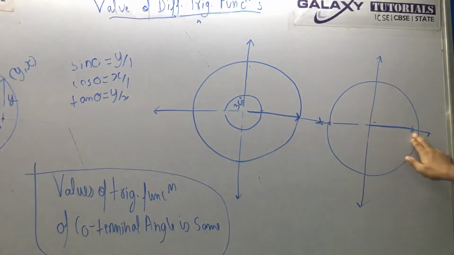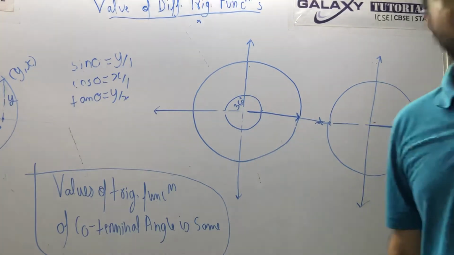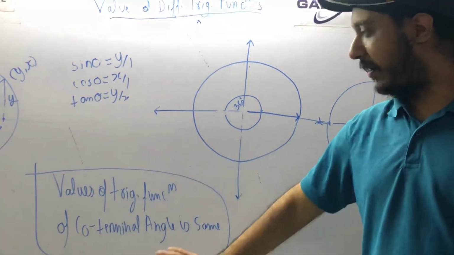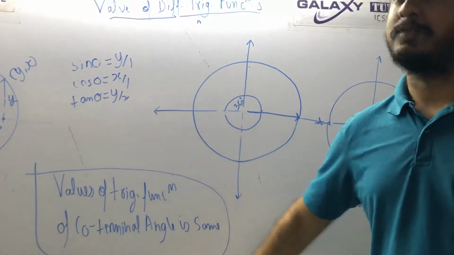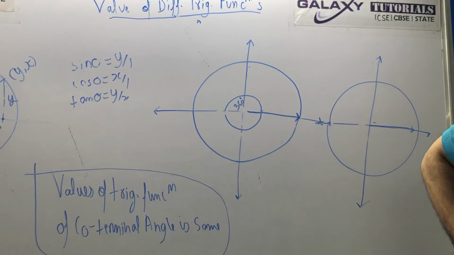So whatever values we found for 0 degree are applicable for 360 degrees also. This is the application of the property I have written here. It is very useful, like in case you have to find the value of 315 degrees.